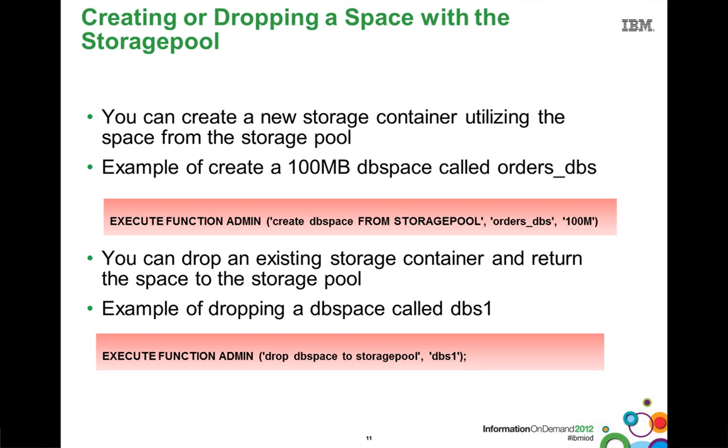So if you've configured your storage pool to have a few of your raw devices, cooked files, or a directory in there, you can say create DB space from storage pool, and I want it called orders DBS and be of 100 megabytes. That will allocate the space from the storage pool and create that DB space.